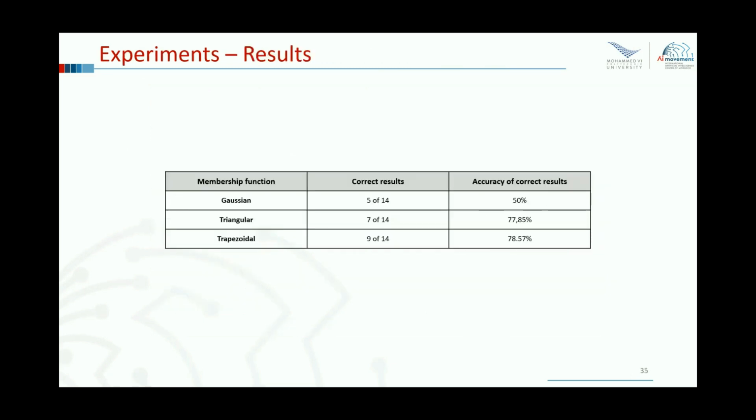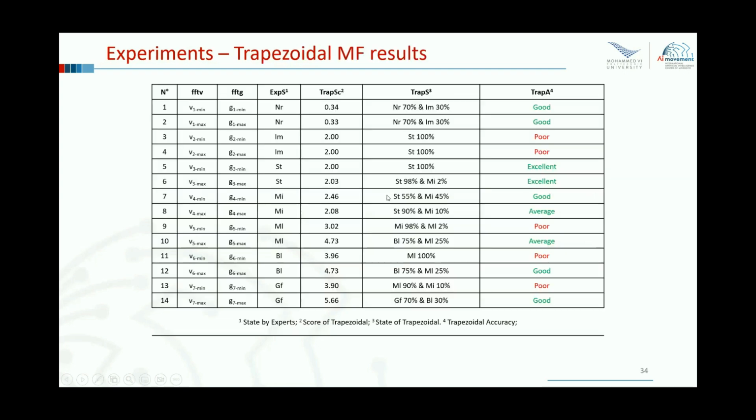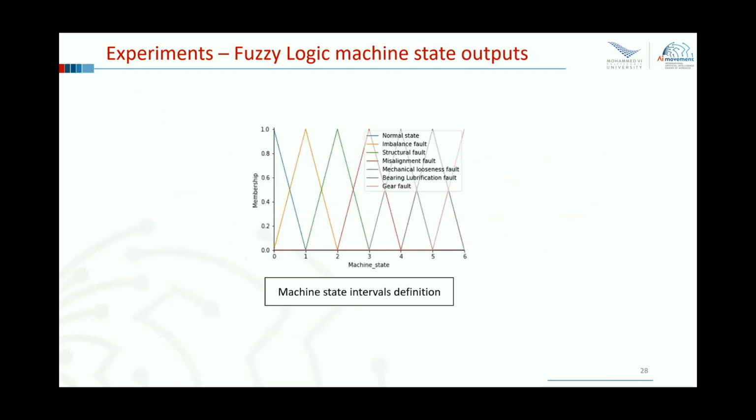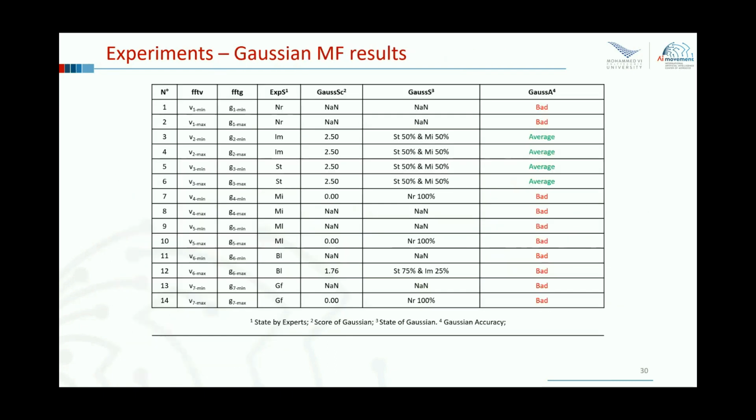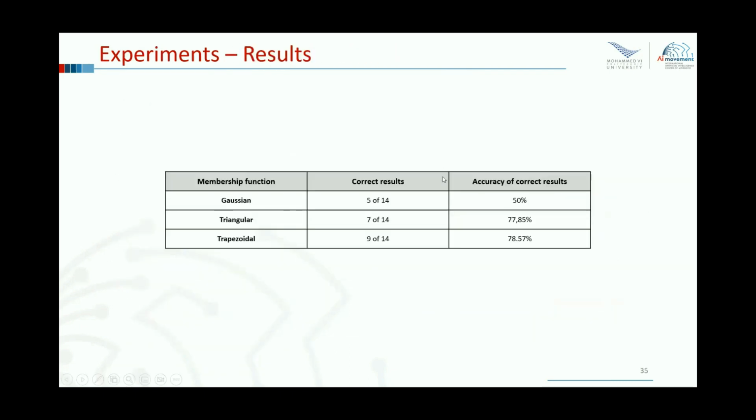This is a summary of the obtained results for the 3 membership functions. For example, for the Gaussian membership function, we only had 4 of 14 correct results, with an accuracy of 15%.